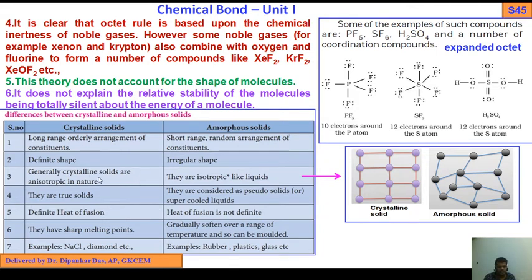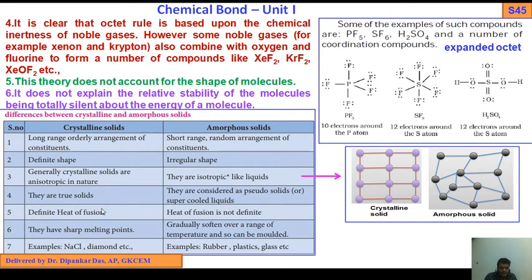Generally, crystalline solids are anisotropic in nature. Amorphous solids are isotropic like liquids. Okay. Crystalline solids are true solids. Amorphous solids are considered as pseudo solids or supercooled liquids.